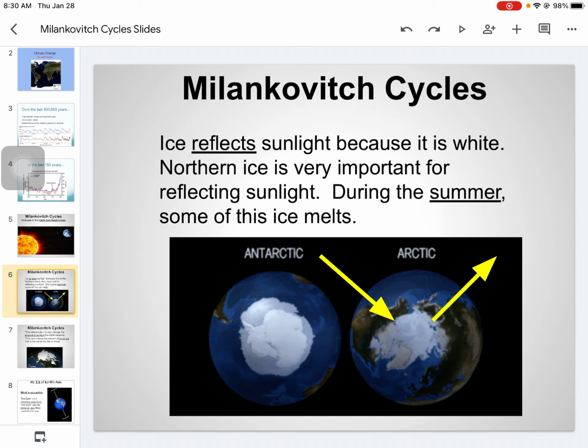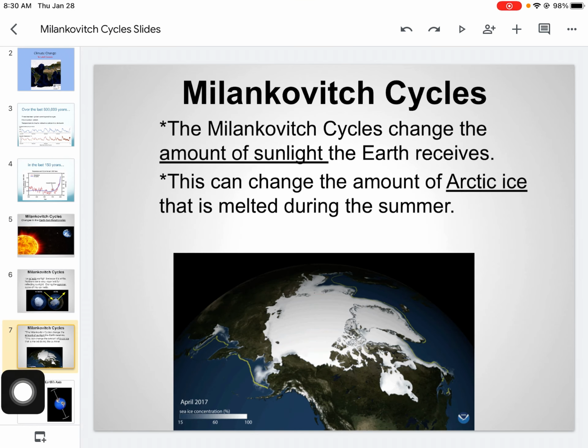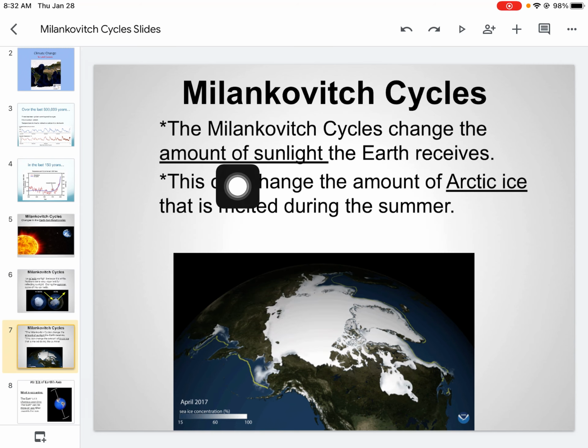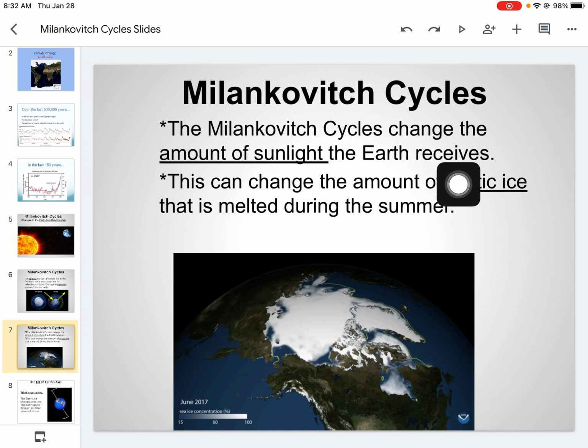And so as these changes happened, we see in the data record, in the ice record and the rock record, that there's been times of growth and times of melt for ice. And it's these Milankovitch cycles that really help explain that. Because as these changes occur in the Earth and the Sun, the amount of sunlight hitting Earth varies.